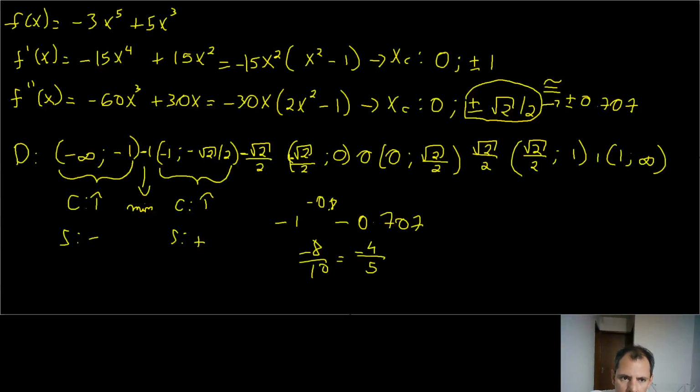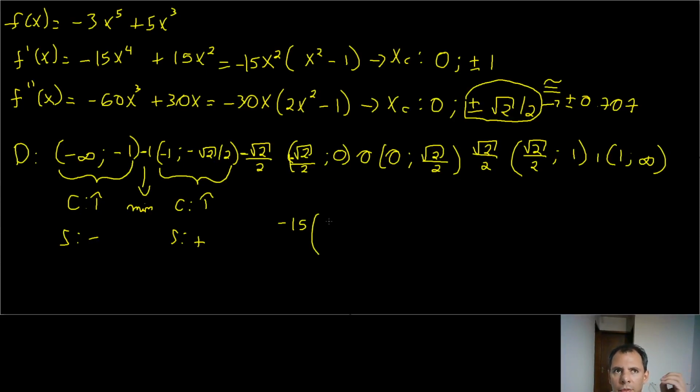Let's try that: minus 4 divided by 5. In here, you've got minus 15 times minus 4 divided by 5, so it's going to be 16.